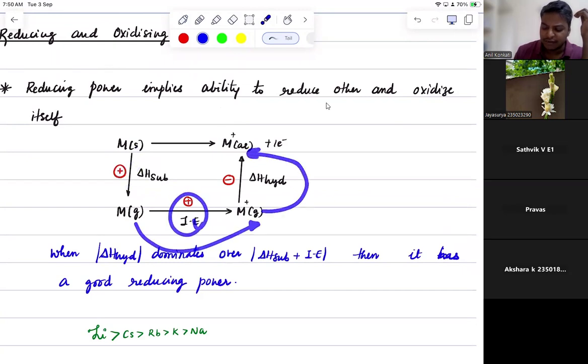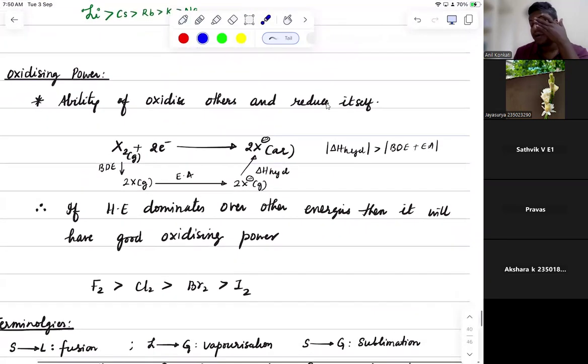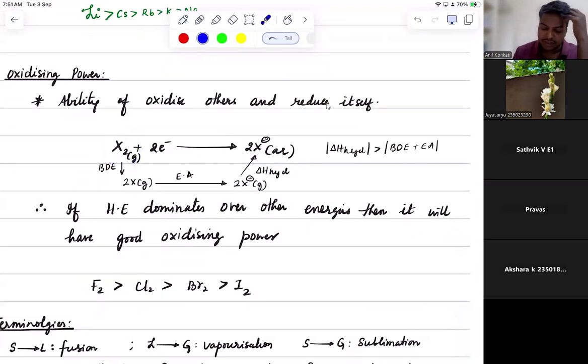The gaseous ion converting into an aqueous ion is hydration energy. If hydration energy dominates over the sum of sublimation and ionization energy, then it is a very good reducing agent, which means it can oxidize to M plus 2 very easily. Oxidizing power mainly depends upon the ability to take electrons.